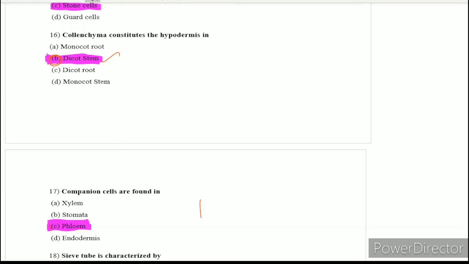If this is phloem, the cells associated with this are called companion cells. Both sieve tube elements and companion cells are sister cells. Okay.